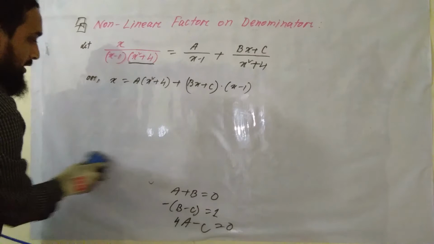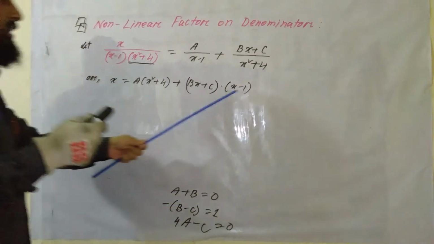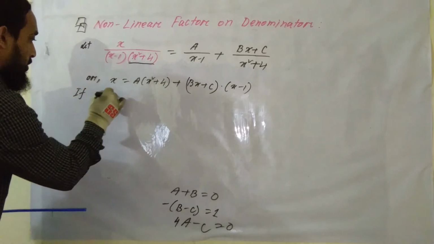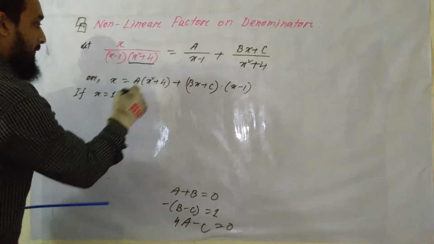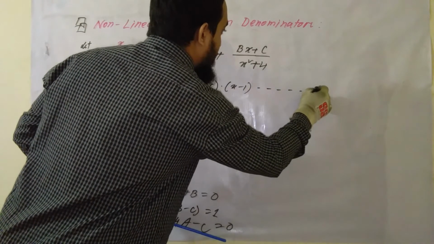Okay, now look, if x is equal to 1 in this equation, then suppose this is 3.